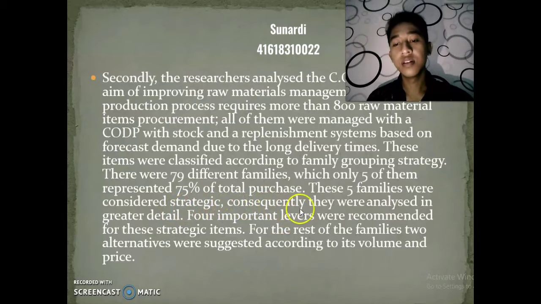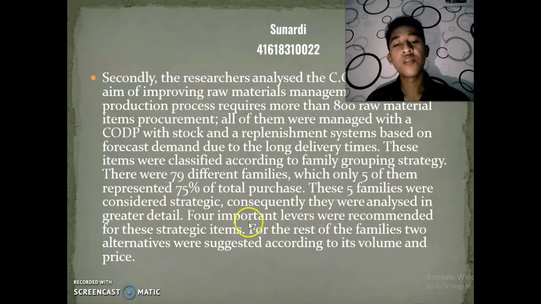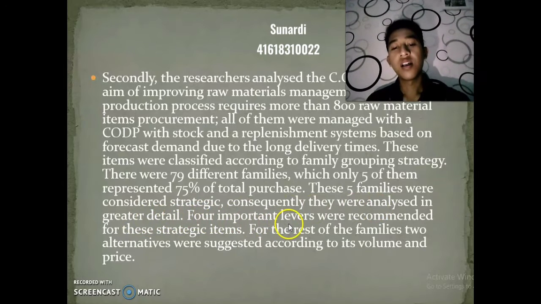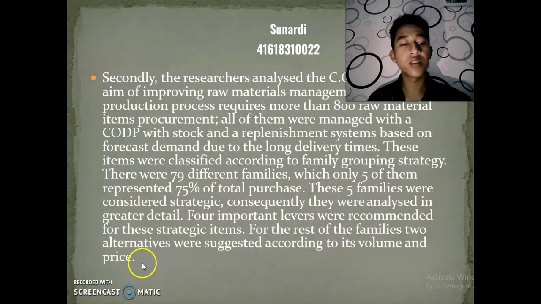Consequently, they were analyzed in greater detail. For important levels were recommended for the strategic items. For the rest of the families, two alternatives were suggested according to their volume and price.